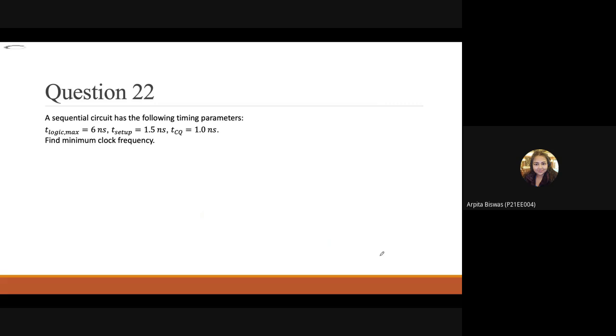If T logic is given, T setup is given, and TCQ is given, you add all these times. This is the minimum clock time, and from there you find the maximum frequency, which is one by TCLK minimum.